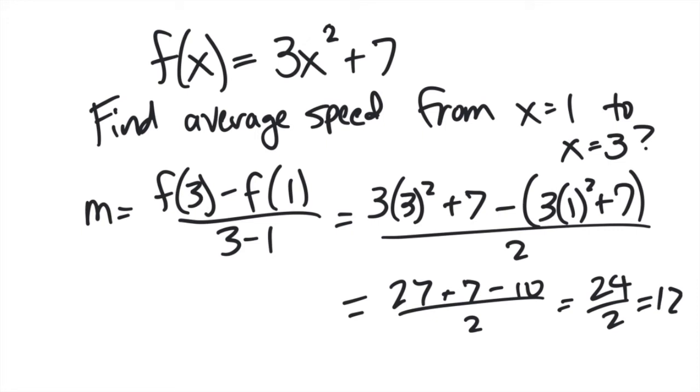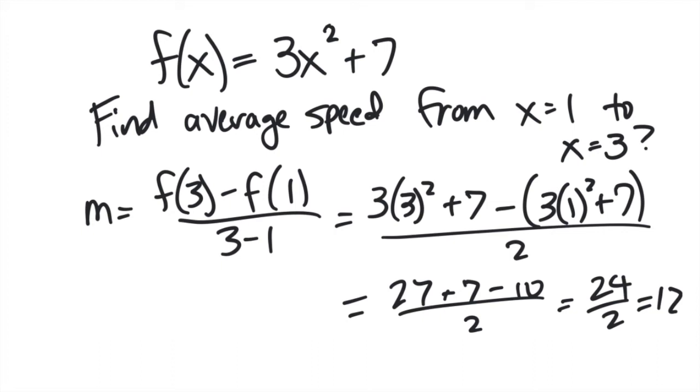The idea is that this is an average rate of change because it has a starting point when x equals 1 and an ending point when x equals 3. But the idea that says, let's not look at an average rate of change, let's look at an instantaneous rate of change, kind of says this.